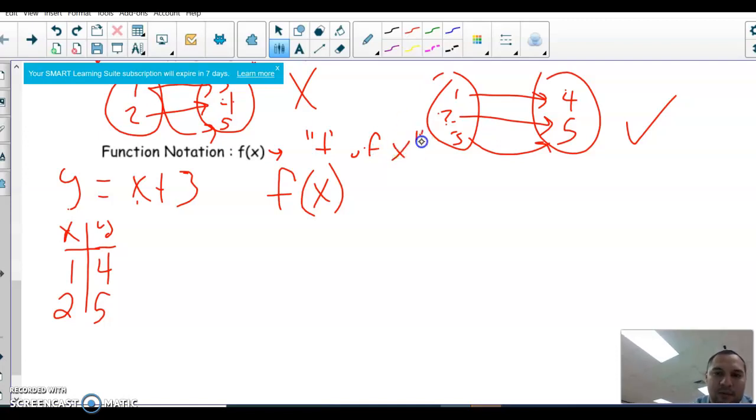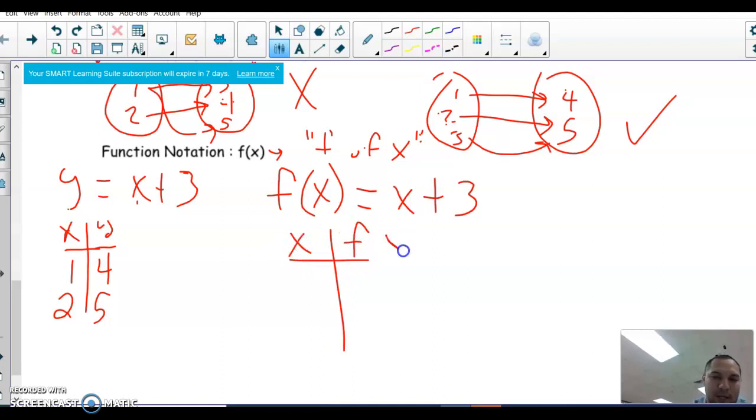That's how you read it. And then you put your equation here. And you will just do the same thing. So instead of the y, we're writing f of x, where x is the variable, the letter that you're using in your function, in your equation over here.